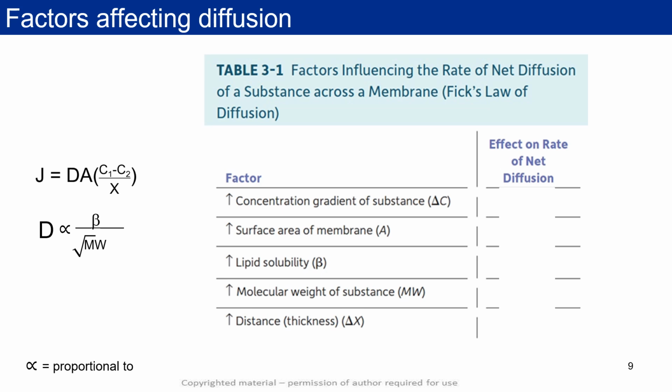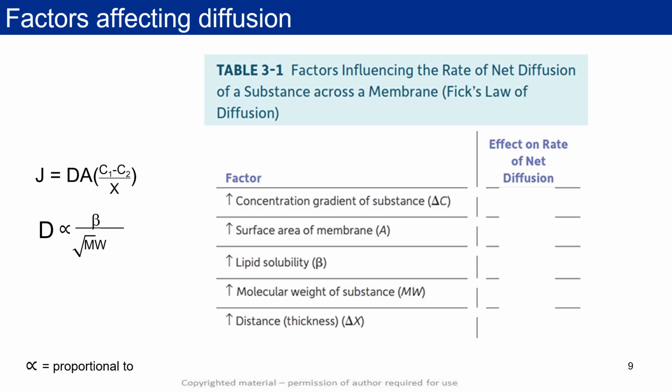Now that we've gone over lipid solubility, let's go back to Fick's equation and look at different factors that influence the rate of diffusion. Remember that D, the diffusion coefficient, is influenced by the lipid solubility and size of the solute. We've added another equation that shows that the diffusion coefficient is proportional to a compound's lipid solubility, beta, divided by the square root of its molecular weight.